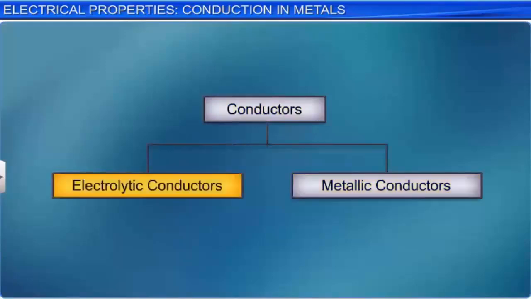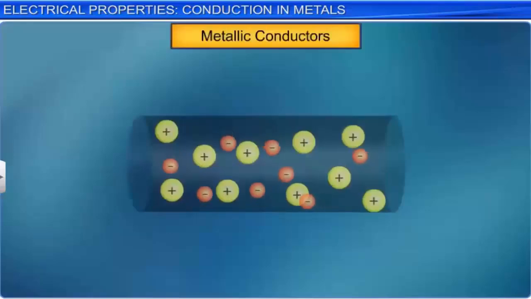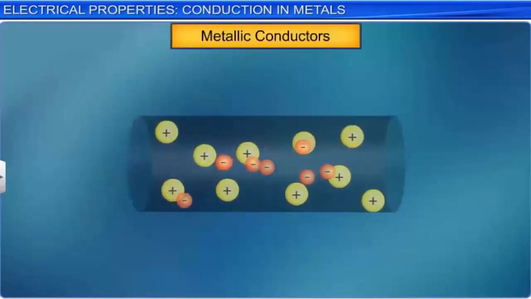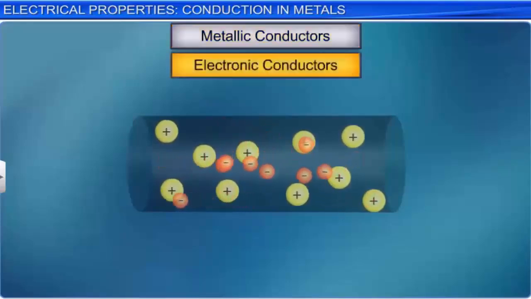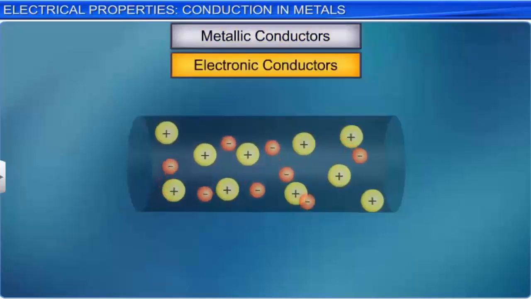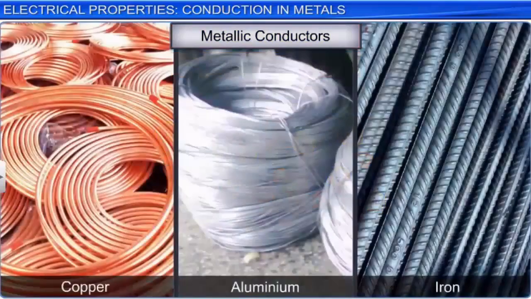In metallic conductors, the conduction is due to the movement of electrons. They are also referred to as electronic conductors. Metals belong to this category and conduct electricity without undergoing any change.